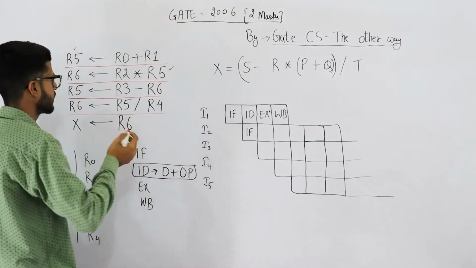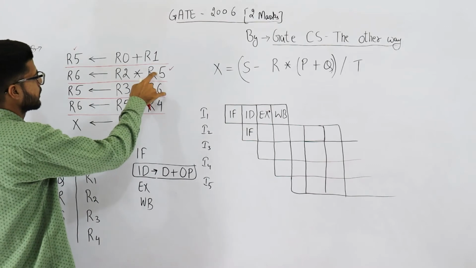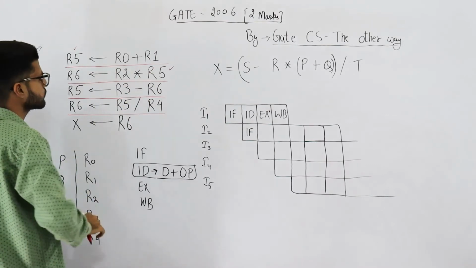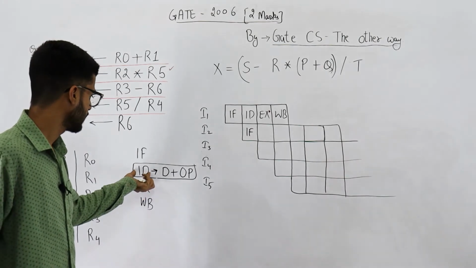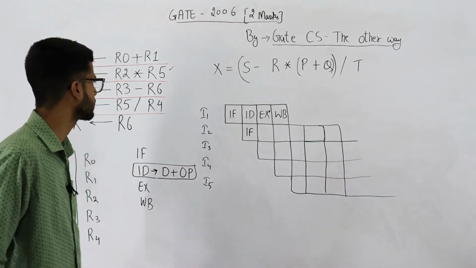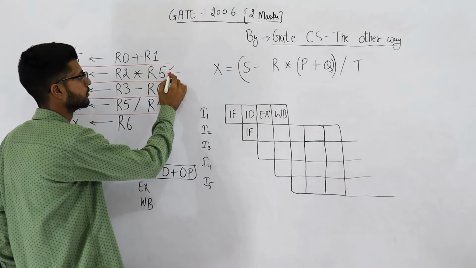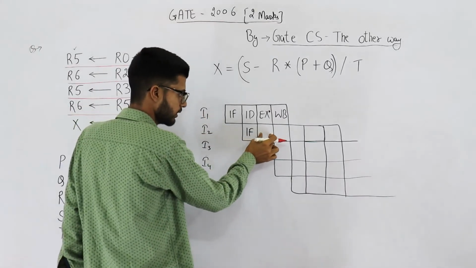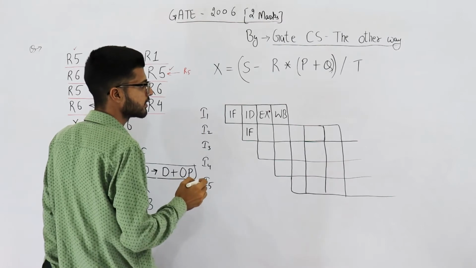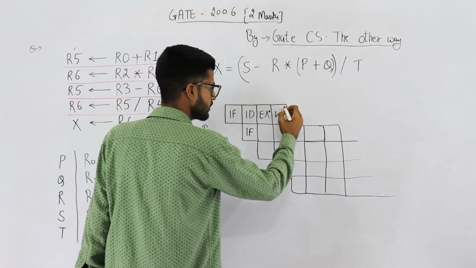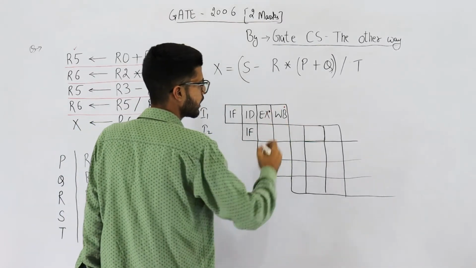Actually, operand forwarding is required to solve this dependency. Now you see, in second phase only, we need to fetch this operand R5. That means here only we need value of R5. And where is R5 being written? R5 is being written in writeback.